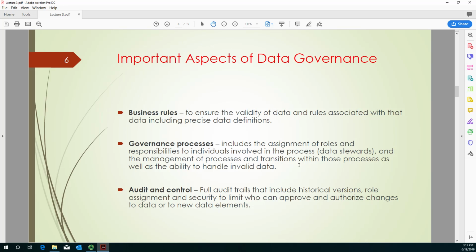So you have business rules to ensure validity of data and rules associated. You have governance processes, you have audit and control to make sure that the rules are being followed. Someone has to perform implementation of the rules, and check if that implementation is done properly.